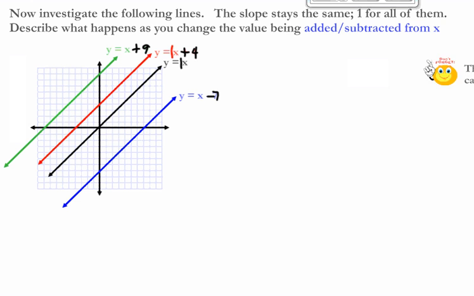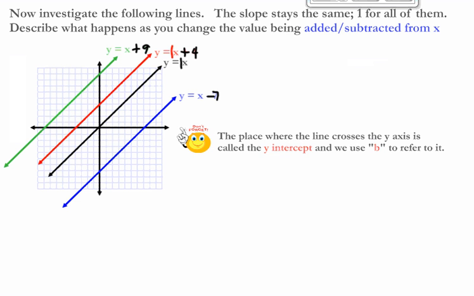Hopefully, you noticed that the number on the outside or at the end dictates how far up or down the line is on your y-axis. Remember, this is your y, this is your x. This one crosses your y-axis at -7.